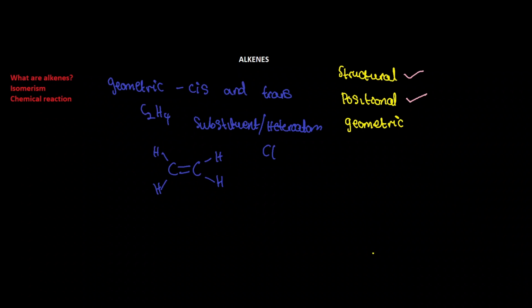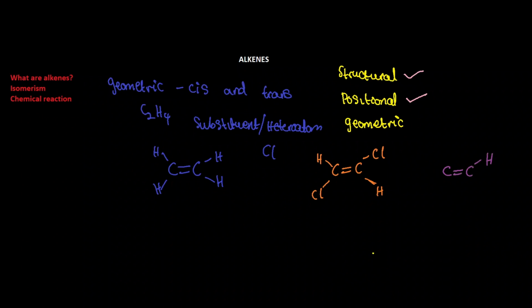Now, in a situation where we have a substituent or a heteroatom, let's take our substituent to be chlorine. We have chlorine arranged in these 2 manners. We have chlorine arranged like this, in this way, and we have chlorine arranged in this way.